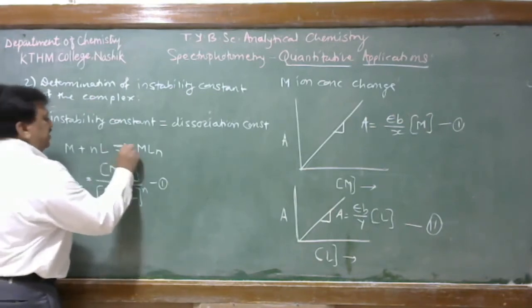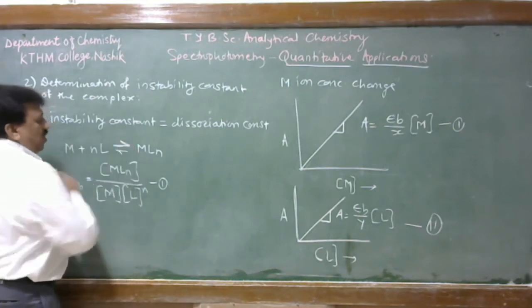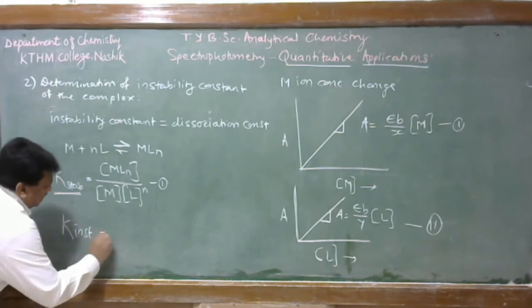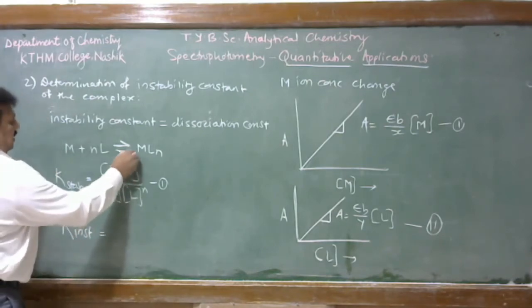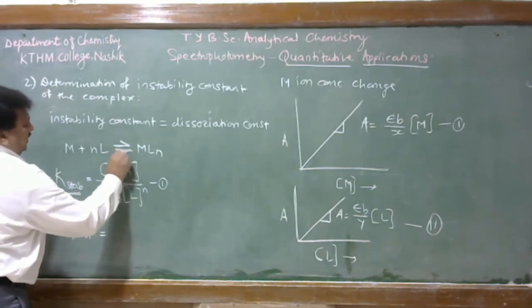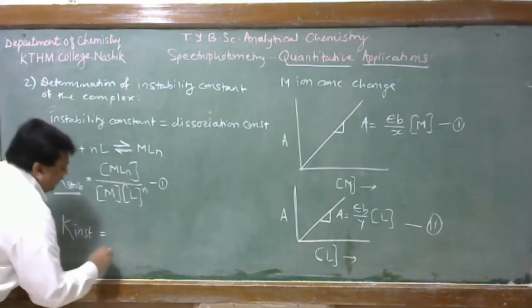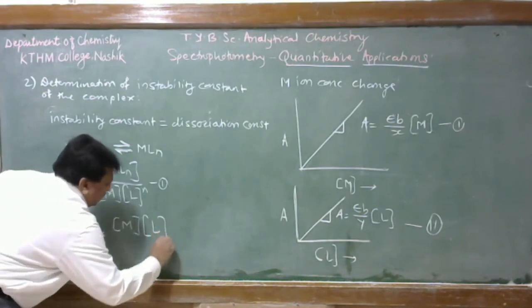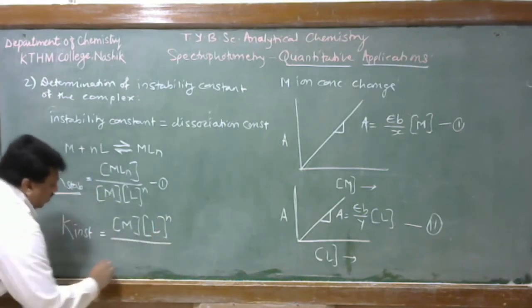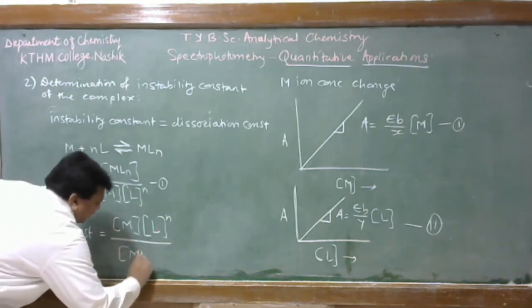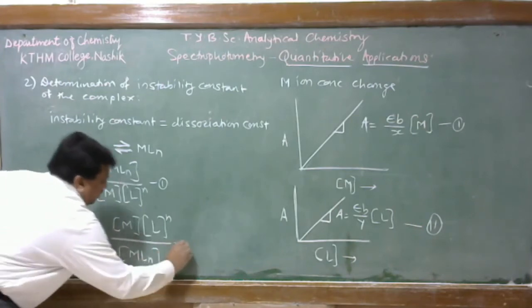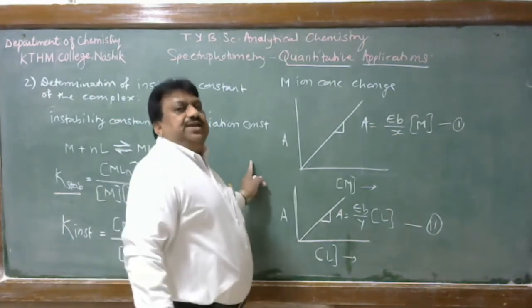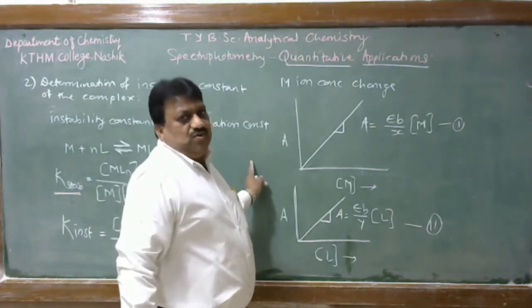That means this equation indicates the formation of complex, and K instability is exactly the reverse of this. That means here is the dissociation of this complex, and this is given by concentration of M into concentration of L raised to n upon concentration of MLn. Therefore, equation 2 indicates the instability constant and equation 1 indicates the stability constant.